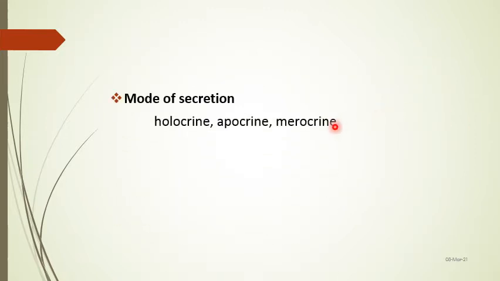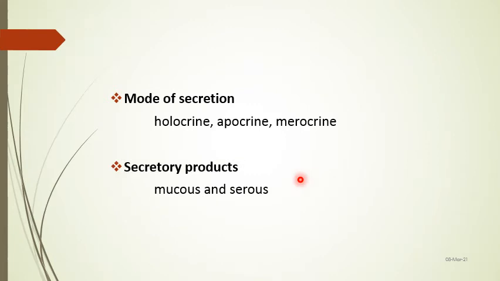According to the mode of secretion, into holocrine, apocrine or merocrine glands. They can also be classified according to the secretory products into mucous glands and serous glands. The secretory products can be mucus or serous, and accordingly the gland can be serous, mucous or mixed.